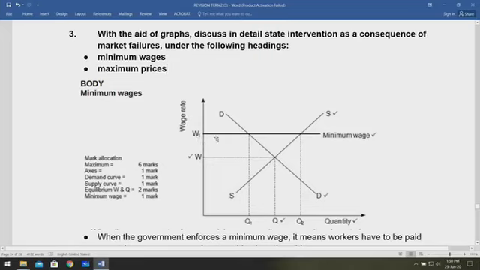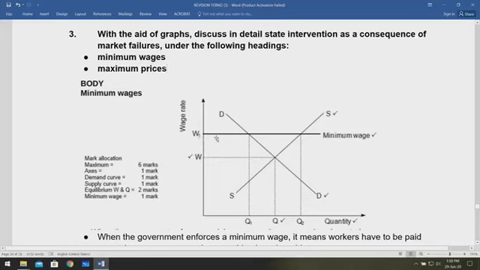So what we notice is that, like I said, more people are willing to work, but employers are not willing to pay those high wages. So you see an increase in the supply of labor, but a decrease in the demand for labor. So what is the result? You're sitting with an oversupply at the end of the day.